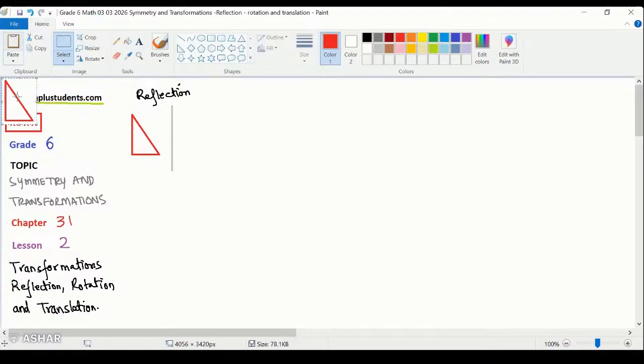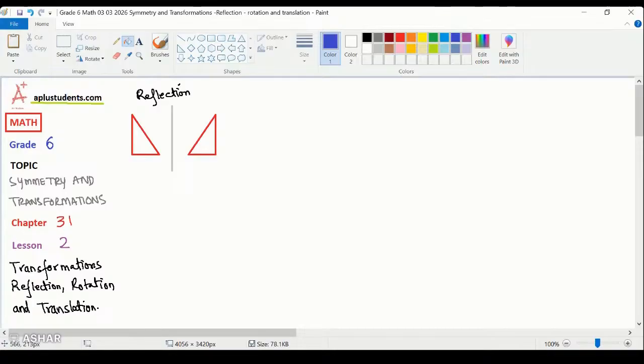So what we can see over here is when we are looking at reflection, the reflection is always an inverted image.